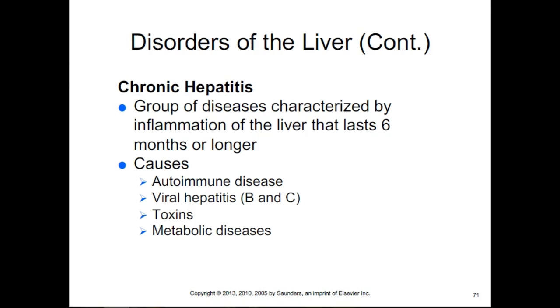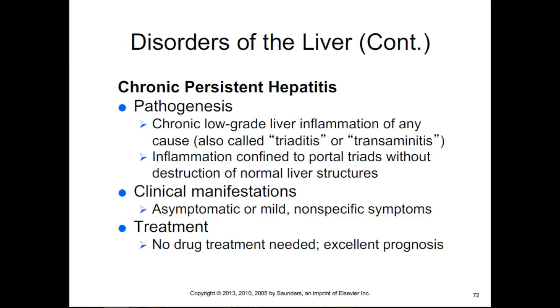So chronic hepatitis is a group of diseases characterized by inflammation of the liver that lasts 6 months or longer, right? So it could be autoimmune diseases, viral hepatitis B and C, toxins, metabolic diseases. So those are things that can cause chronic hepatitis.